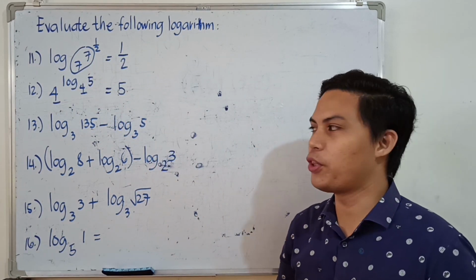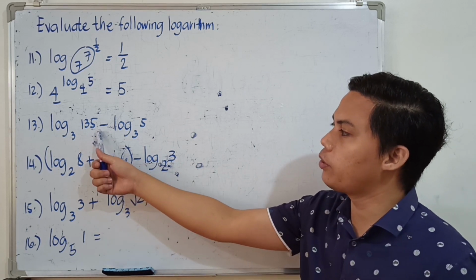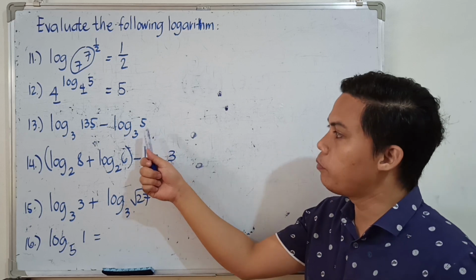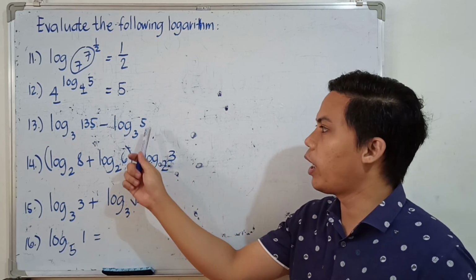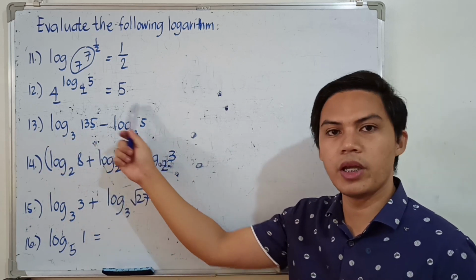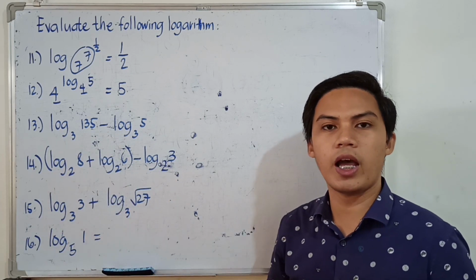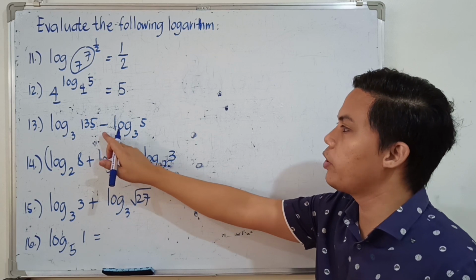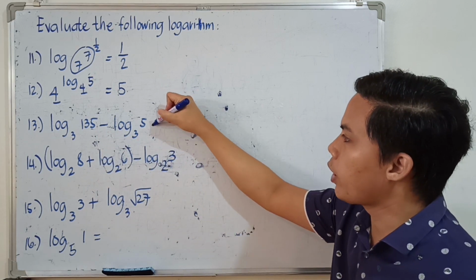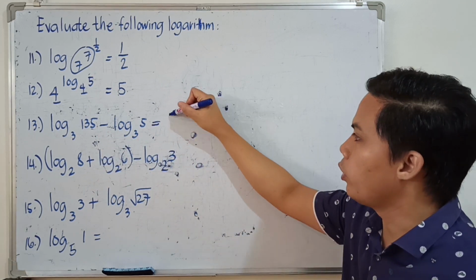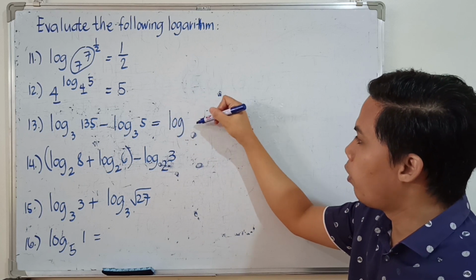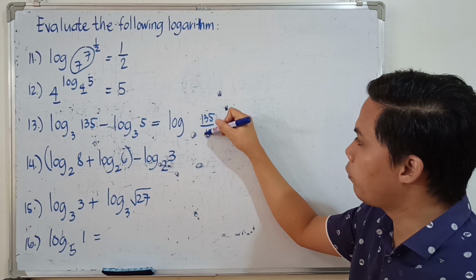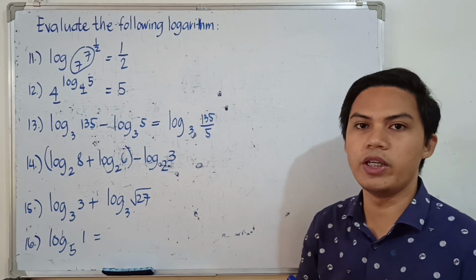Now, how about number 13? We have the logarithm of 135 to the base 3 minus the logarithm of 5 to the base 3. So, we can simplify this one first. We can condense this one and write it as a single logarithm. So, since subtraction yung operation dito, therefore, gagamit tayo ng quotient rule. So, it will become the logarithm of 135 over 5 to the base 3.